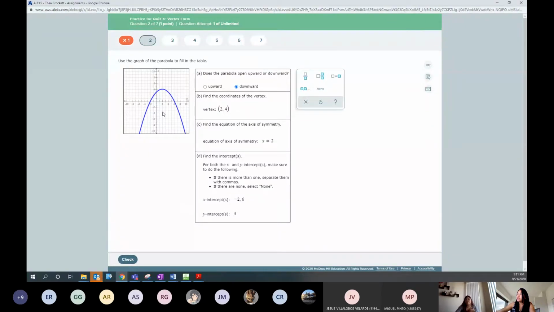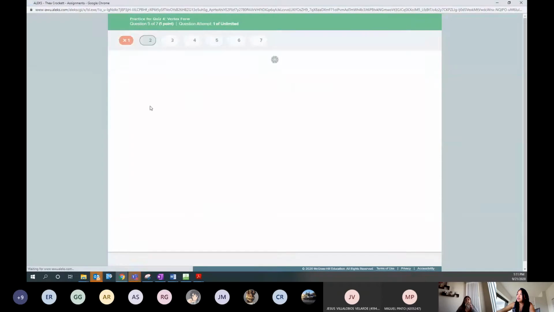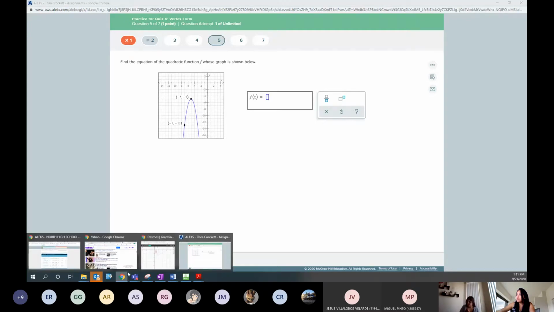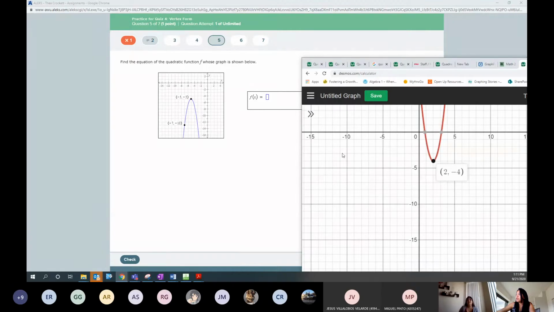All right, so 2 questions about this. You're also gonna be given a graph and you're gonna write the equation in the equation bar. There's 3 questions regarding that. So whenever you're gonna graph, you're gonna use Desmos.